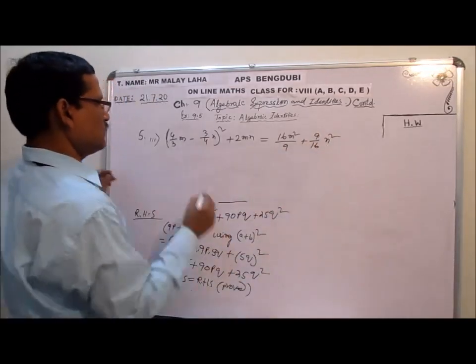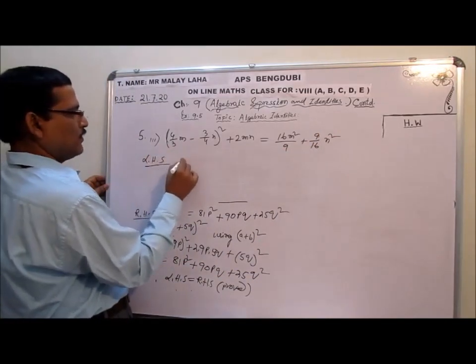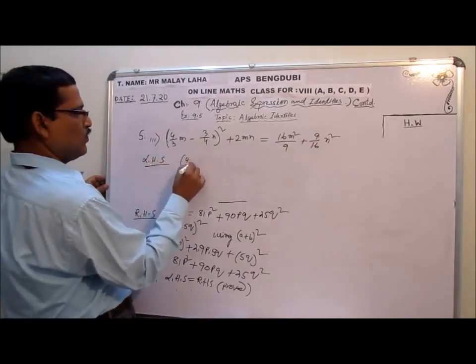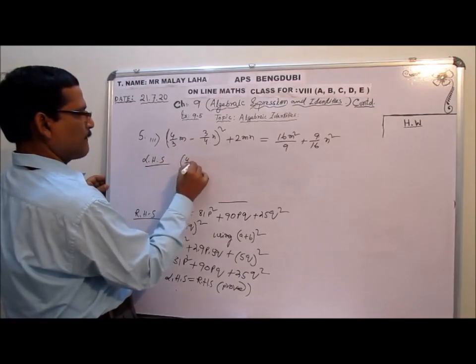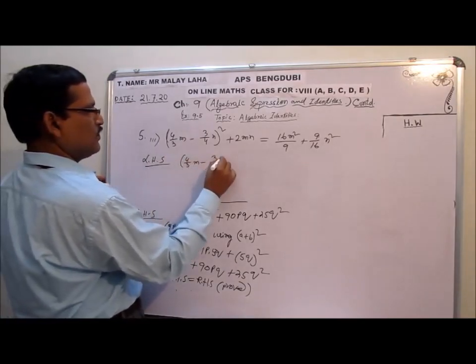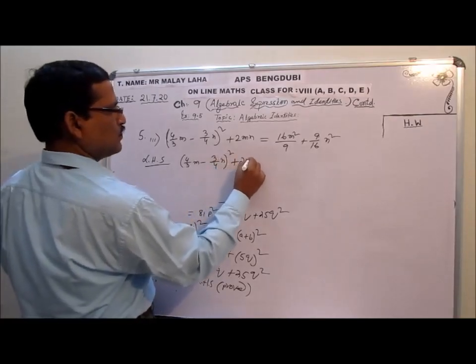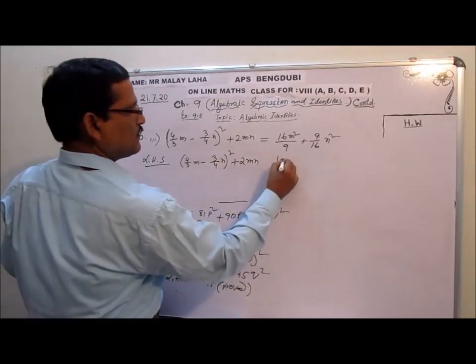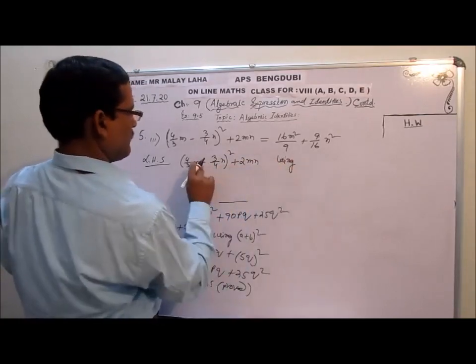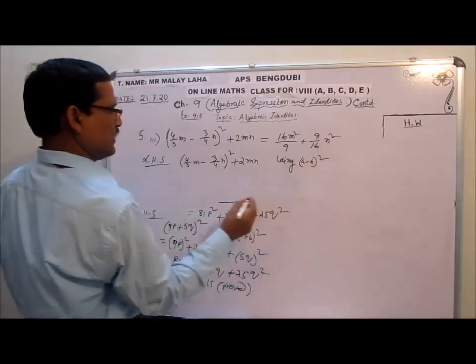Okay, so now in the same way, LHS: (4 by 3m minus 3 by 4n) whole square plus 2mn. Using, minus sign is there, (a minus b) whole square.